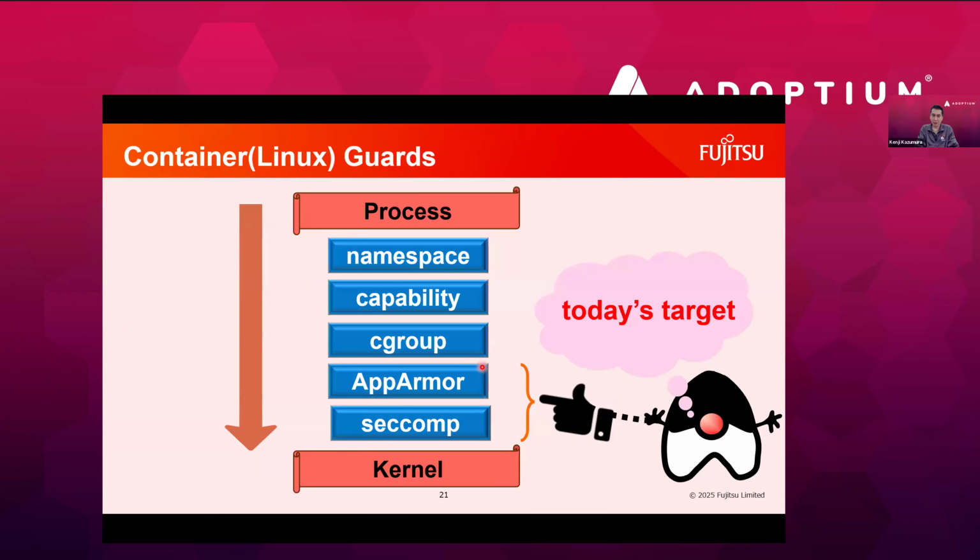For reference, we look into the container approach. Linux provides a combination of several mechanisms to protect the container process. For our discussion today, we are going to focus on two key security technologies related to sandboxes, that is AppArmor and seccomp.